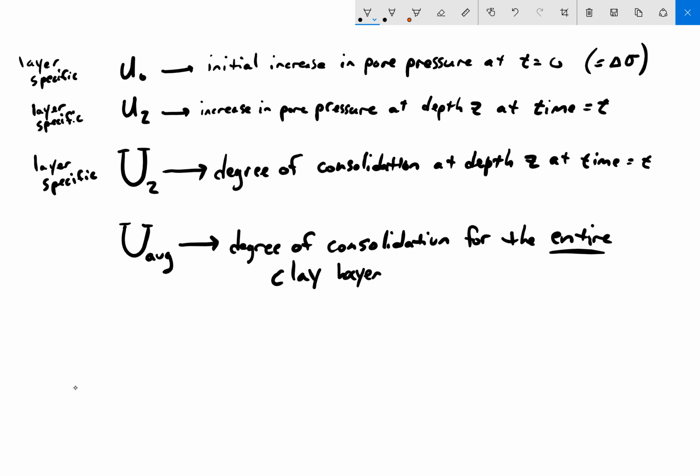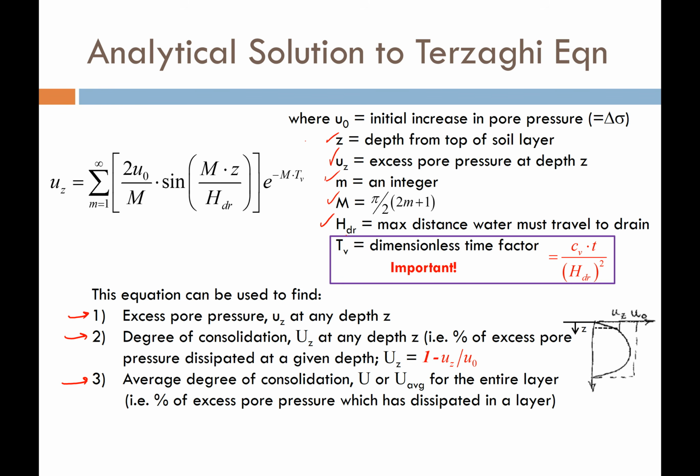So this is not layer specific, this is the entire clay. So this is going to tell us not just that some depth in my little sublayer, but it's going to be the entire clay layer. What's the average degree of consolidation? And again, this is going to range anywhere from 0 to 100%.